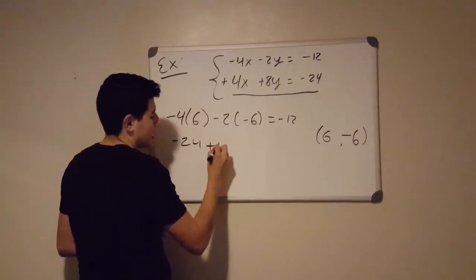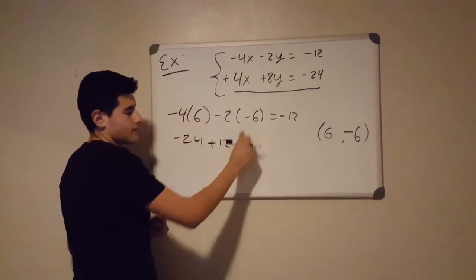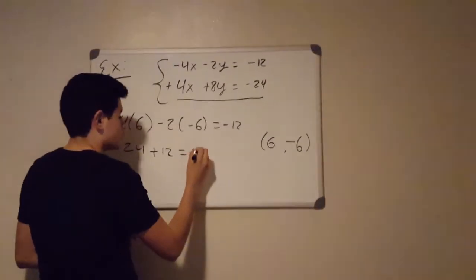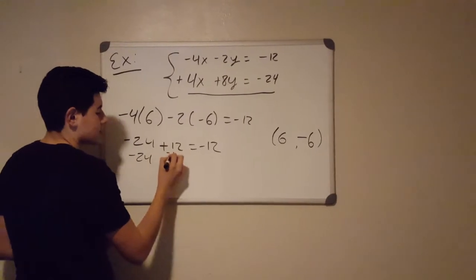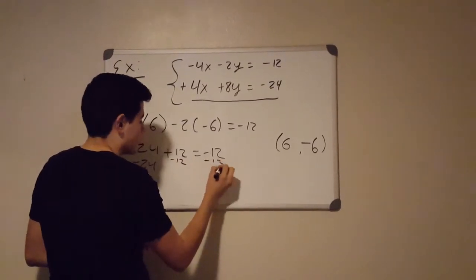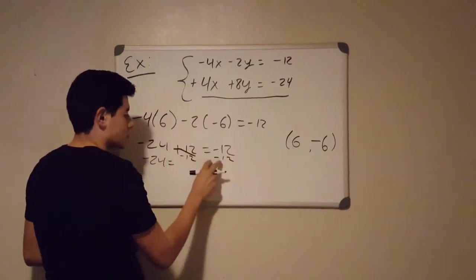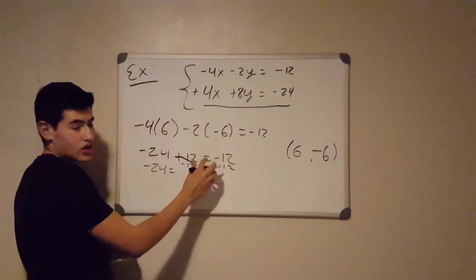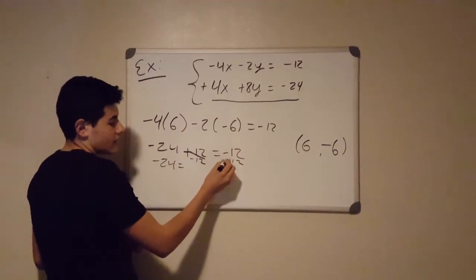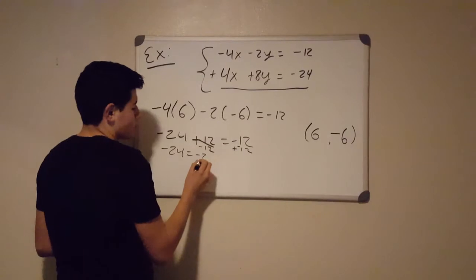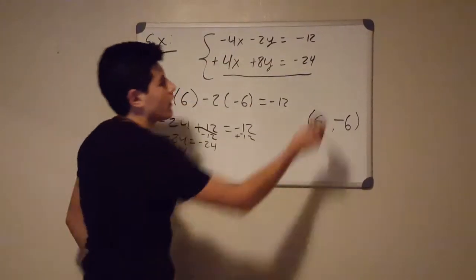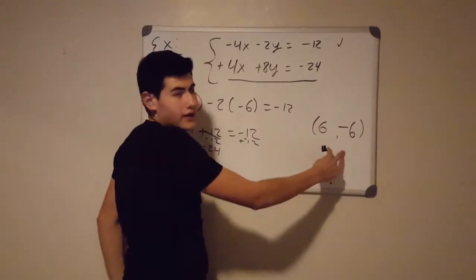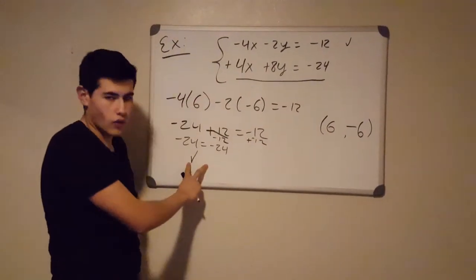Negative 2 times negative 6 turns into a positive 12. Here we subtract 12 from both sides. This cancels out, and again, same, change, change: negative 12 minus 12 is negative 24. That checks out. So we know that for our first equation, these points make it true because negative 24 is equal to negative 24.